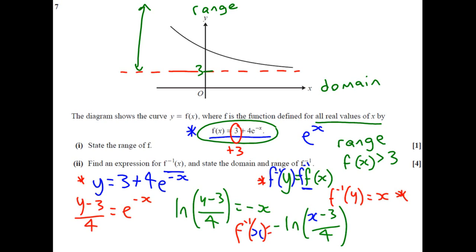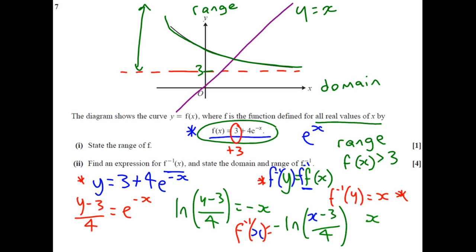We want to state the domain and range. So to state the domain, we just say about x. Now what actually happens, I'll just quickly show you on the graph, is that when you find the inverse, you're finding the reflection of this line in the line y equals x. And that's to do with what I talked about.